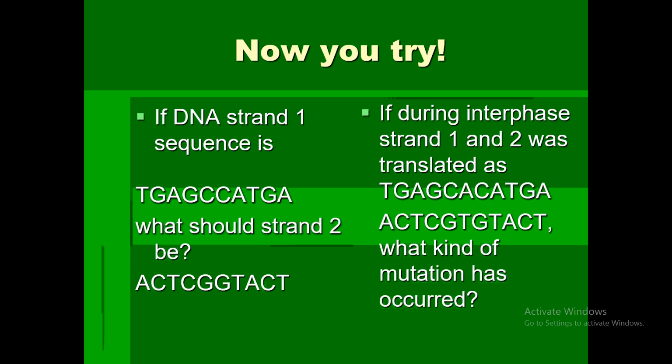So strand 1 and strand 2 is translated to having this. Because after the translation process, it's going to come back together and create the actual DNA that needs to be within the nucleus. So if we had this during the translation as opposed to what's on the left side, what type of mutation has occurred?